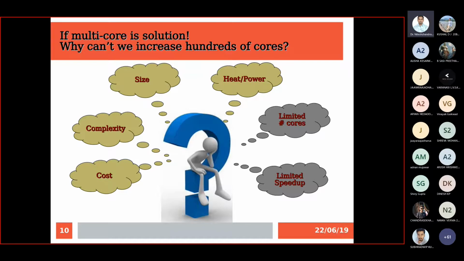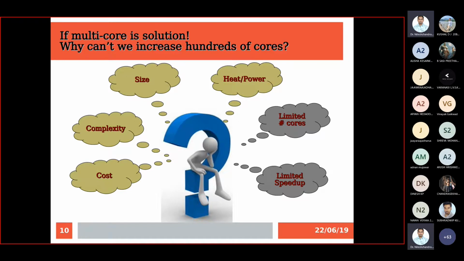Now you can imagine the number of cores present on the GPU side compared to the CPU side. We have seen the limitation of CPU, that we can have a limited number of cores because of all the issues associated with that. But on the GPU side, we'll have more cores. The latest GPU architecture has more than 5000 cores.